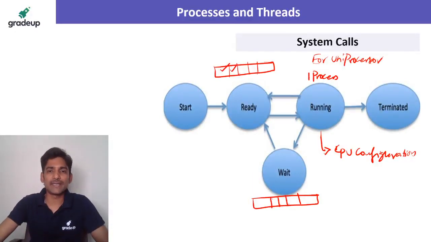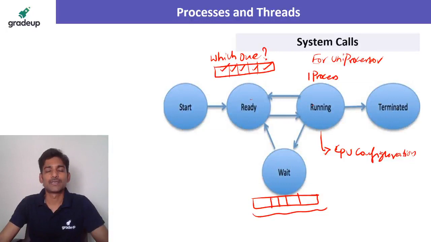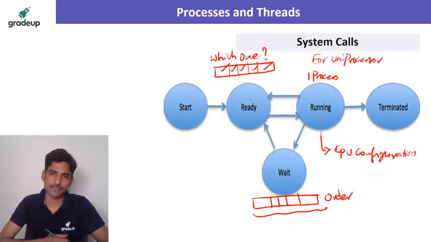Now, when there are many ready processes, which ready process should switch to running state first? Which one first, which one next? Similarly, there are many waiting processes, and when multiple waiting processes' wait is over, how is the order of blocked processes decided?